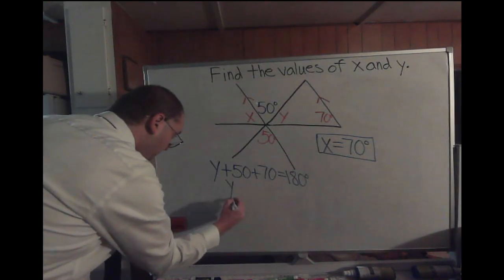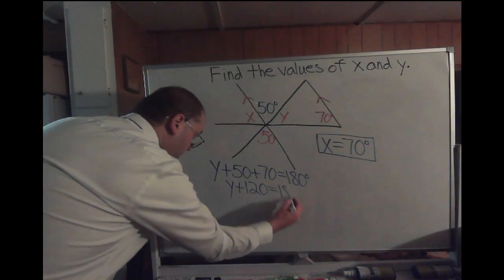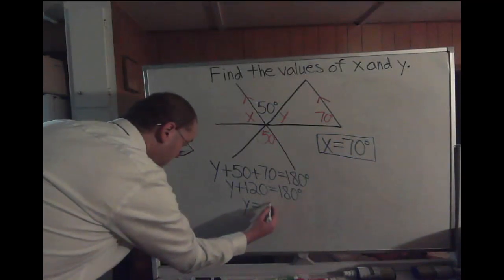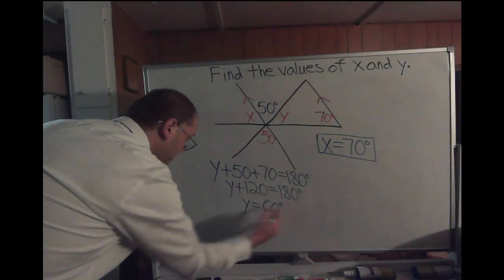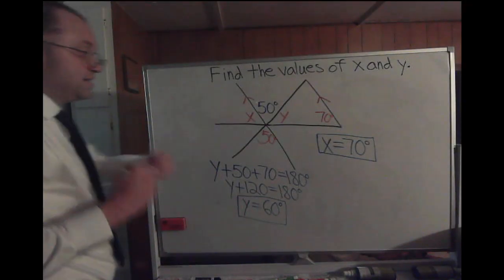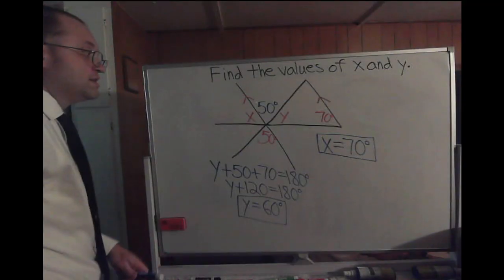Which would mean y plus 120 would equal 180 degrees, which could only mean that y would equal 60 degrees. So we came up with x equals 70 degrees, and y equals 60 degrees.